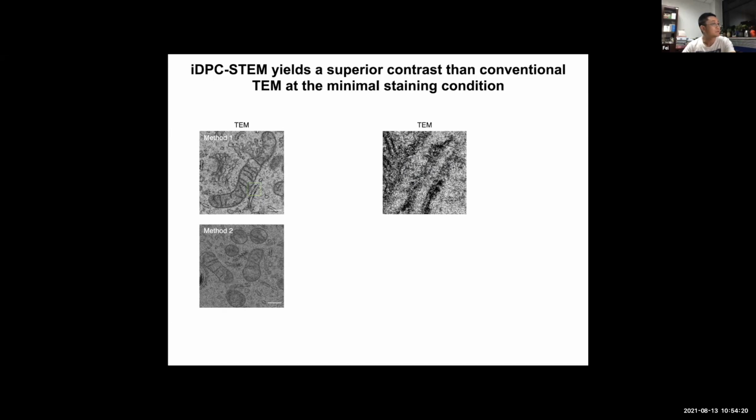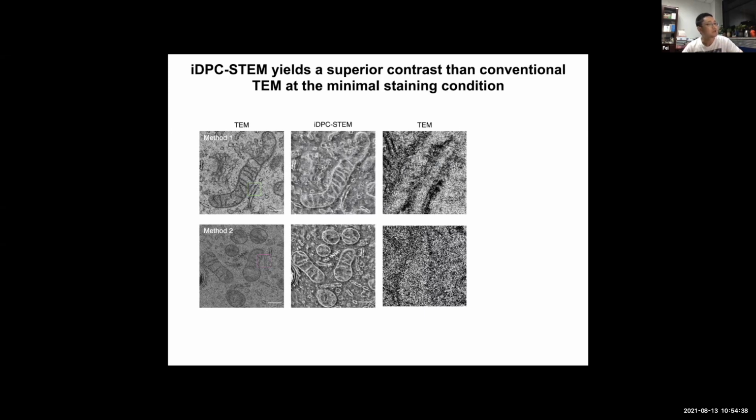And again, for the minimum stained section, when we zoom in, actually we cannot see the ultrastructure clearly from the TEM graph. But how about RTP STEM? So as we can see, for the minimum staining condition, RTP STEM can still yield a very good contrast.